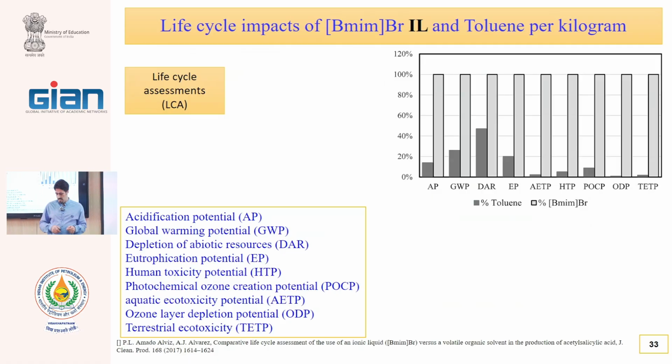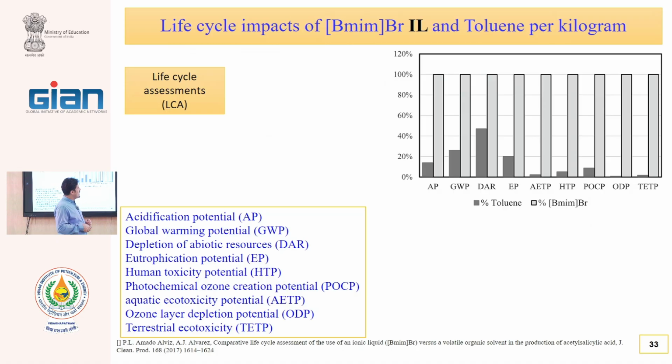We have a methodology called LCA, life cycle assessment. That is very important, because we calculate and see the different aspects of a process for production of a product, okay?